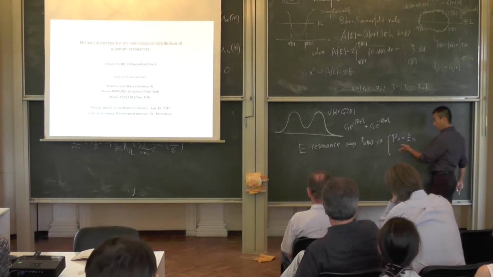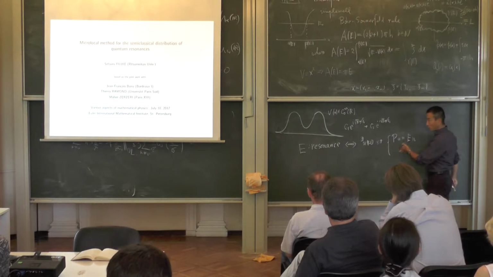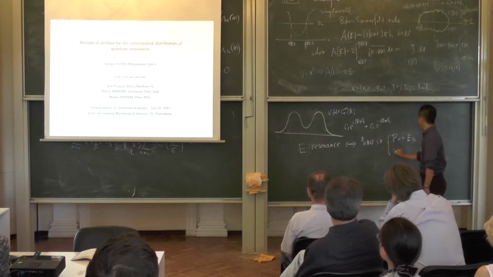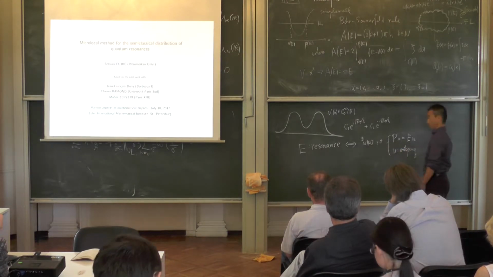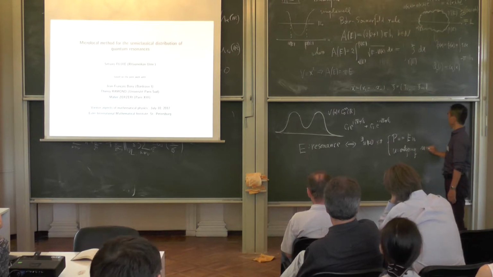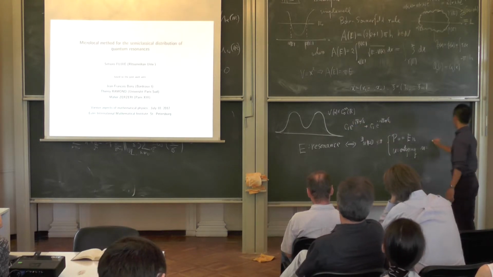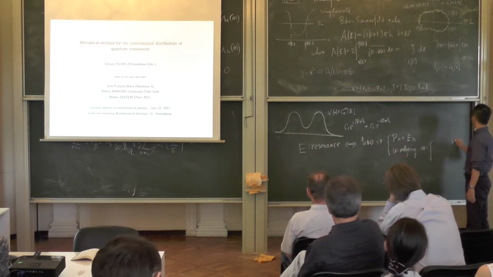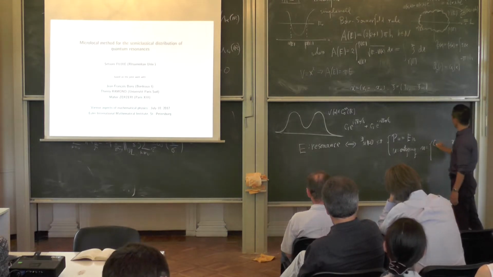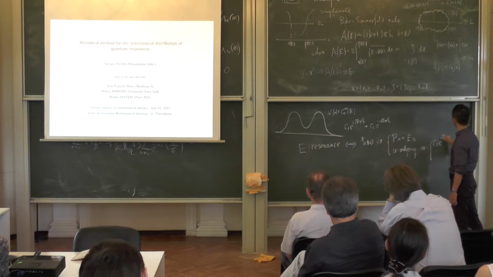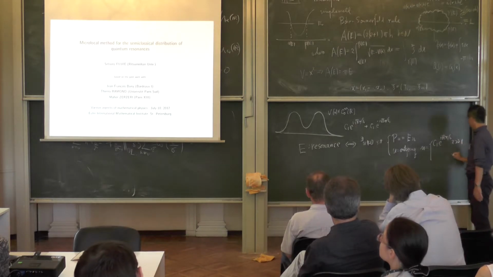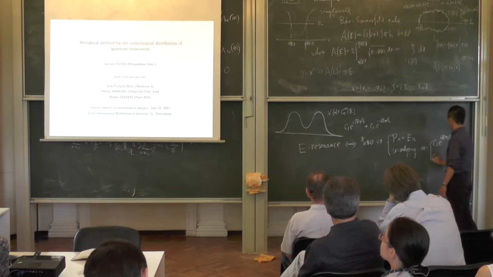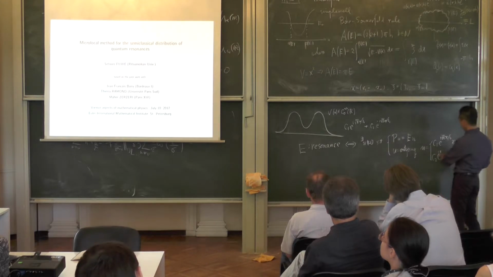But here, instead of the condition that u is in L2, I impose another condition, which is outgoing, which means that u is equal to, in this compact support case, for very large x, a function of the form e^{i sqrt(E) x / h}, and for x very negative, it is some function where you have a minus sign.